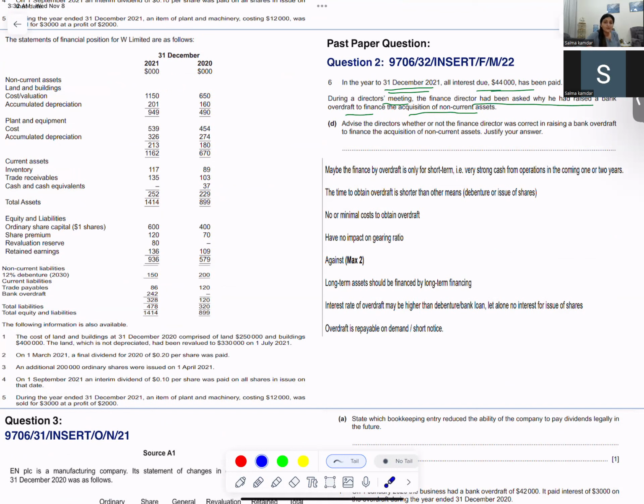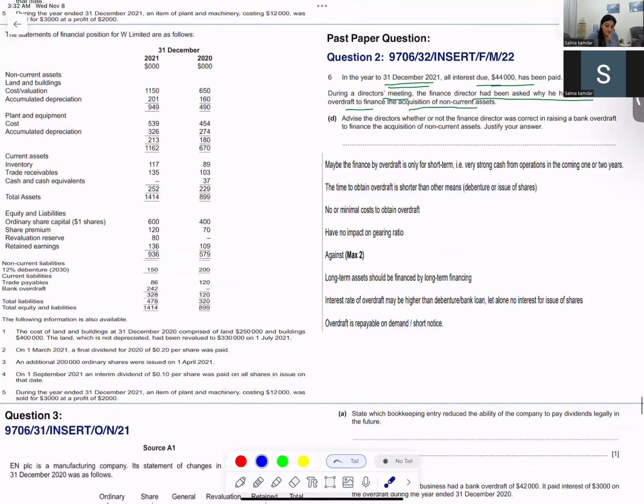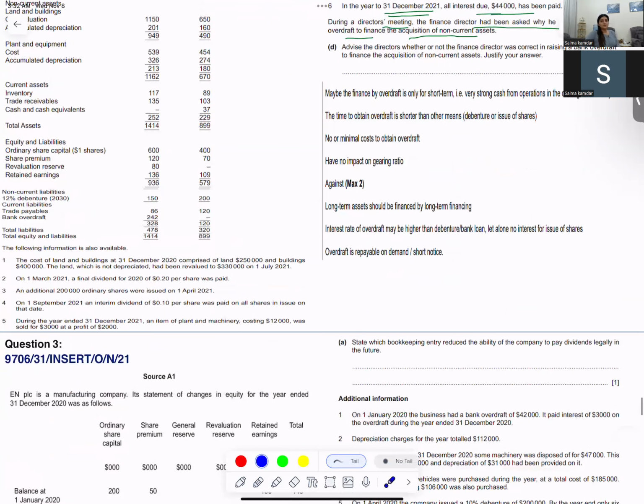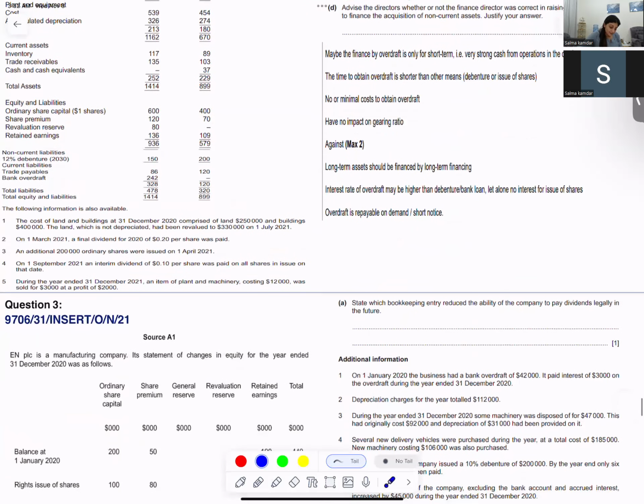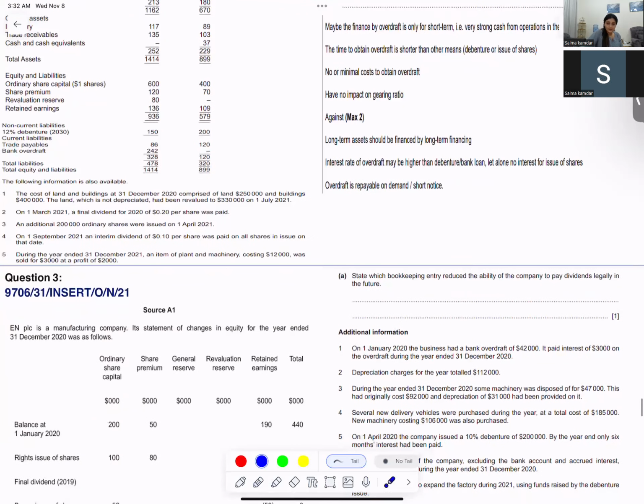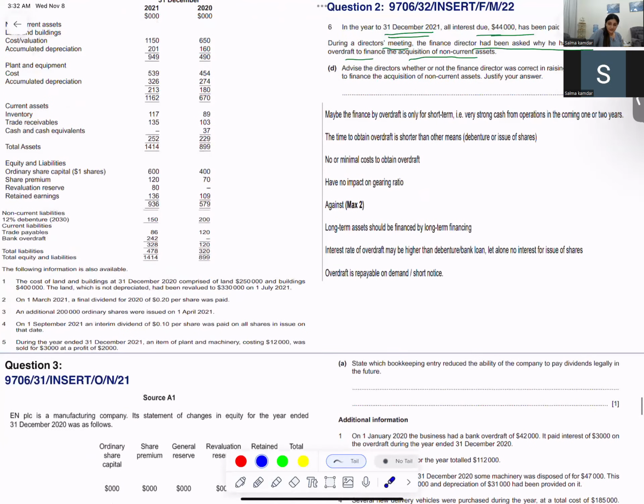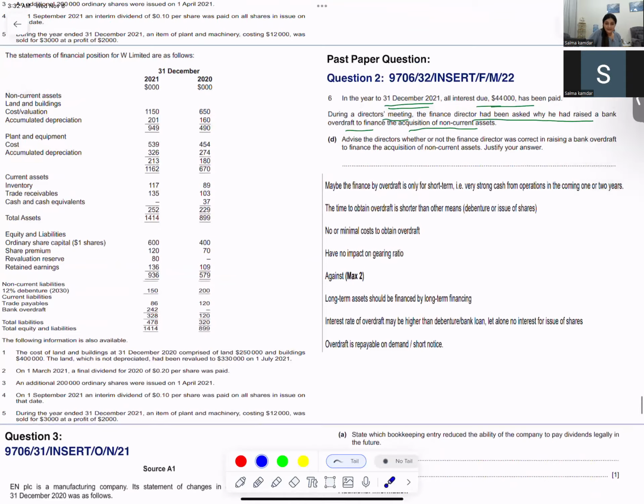However, he should not forget the fact that long-term assets should always be financed by long-term financing, and he should also consider the interest rate on the overdraft as compared to the interest rate on the bank loan and debentures. So this is it. You have to pause the video and keep on seeing.